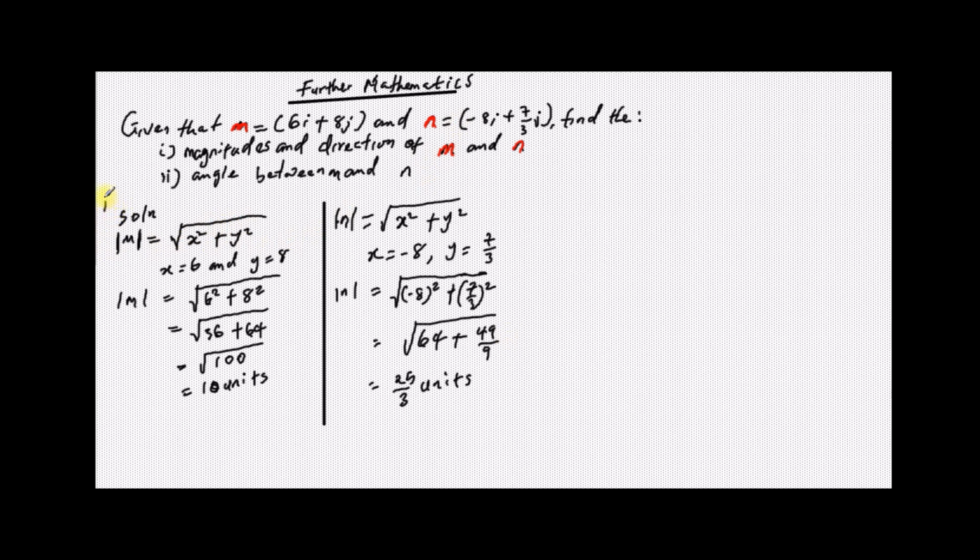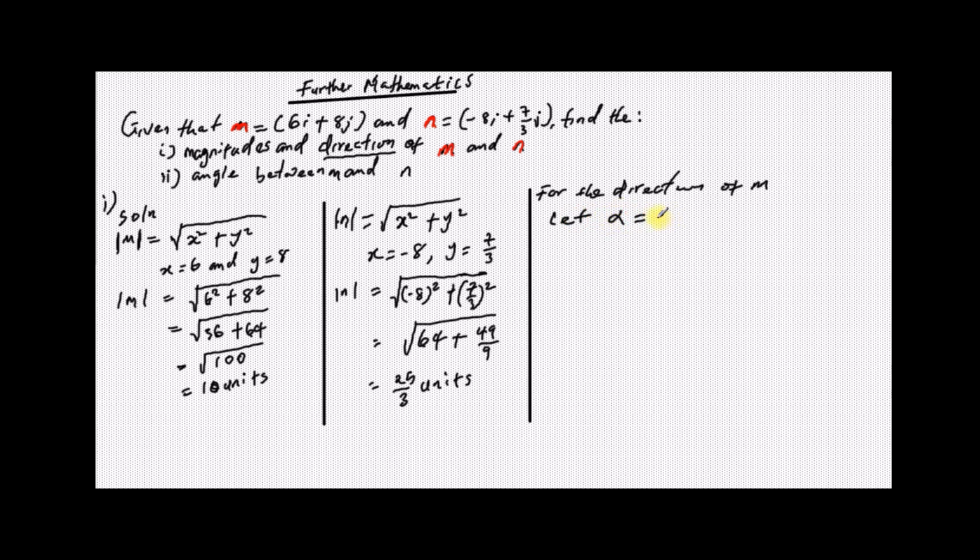That is, we are still solving question Roman figure 1, to find the direction of m and of n. For the direction of vector m, we can let the direction be alpha.